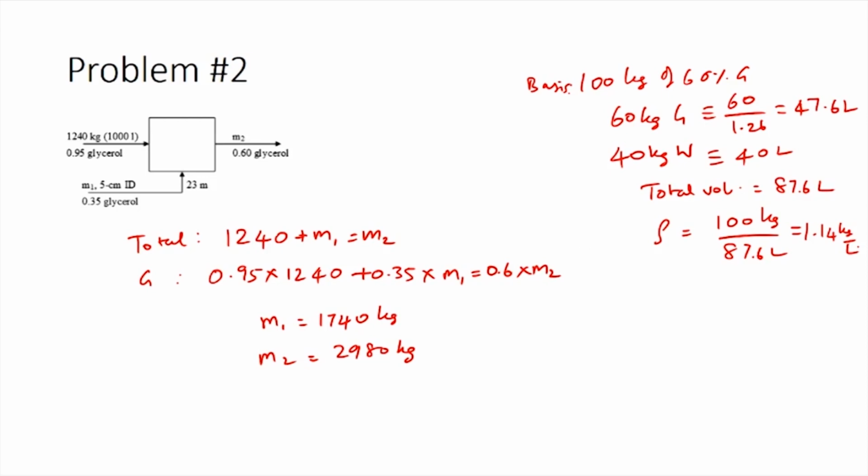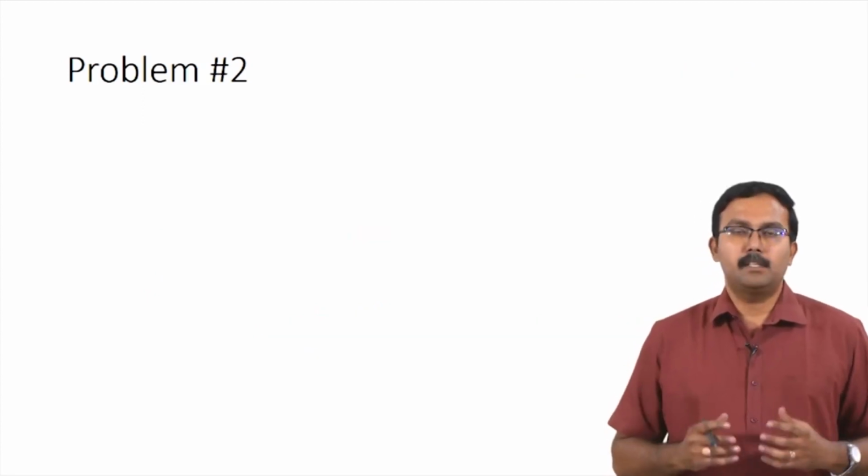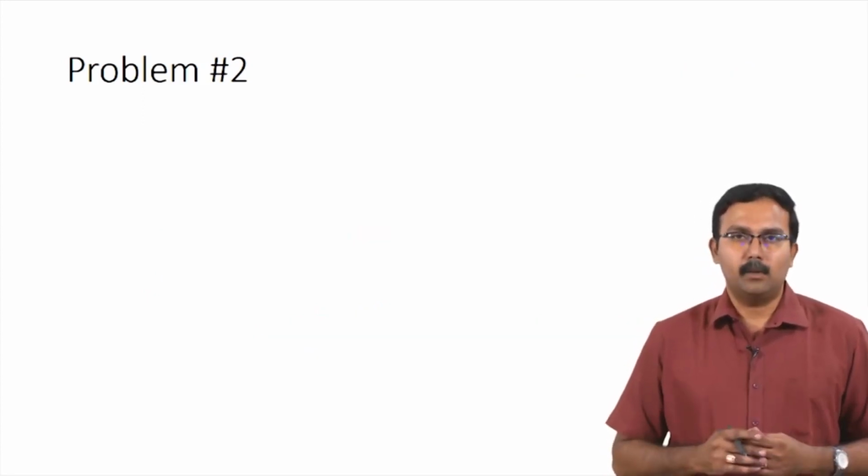Using this we can calculate the volume of the 60% glycerol product. We have the mass and the density, so volume would be mass divided by density, which is 2980 divided by 1.14, giving a final volume of approximately 2610 liters.